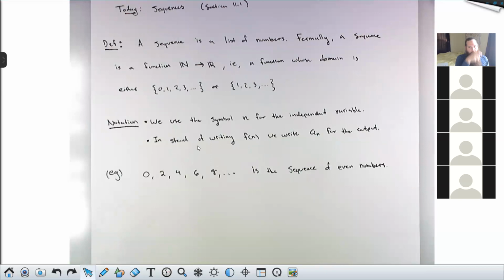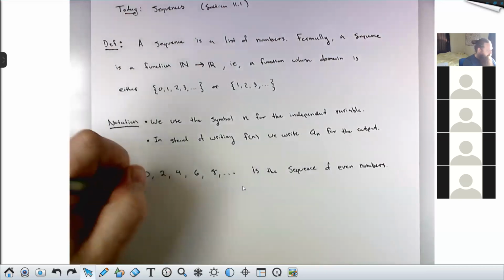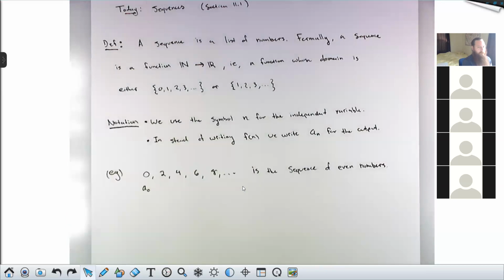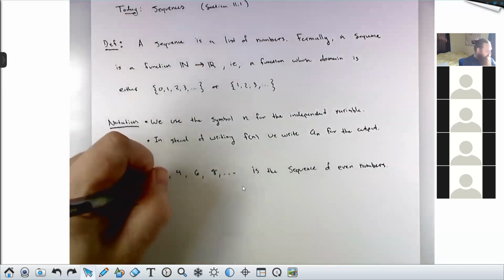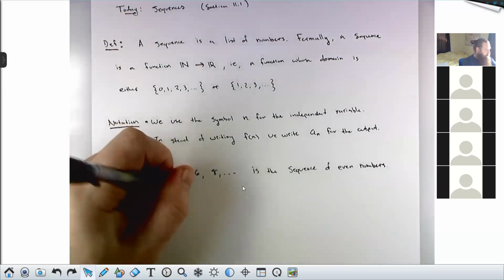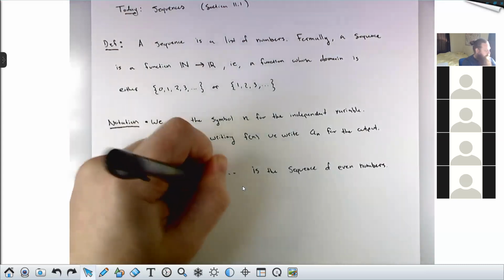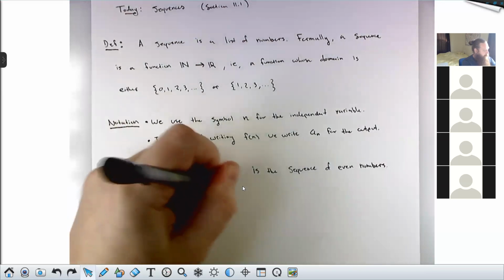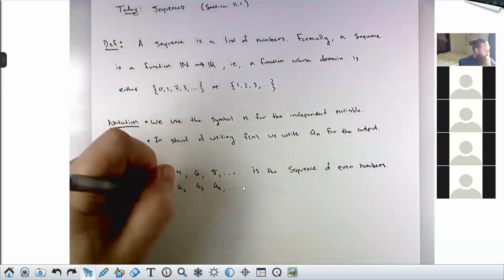And if I wanted to, I could try to find an algebraic representation of this sequence. I could call this guy A0 and call this guy A1, A2, A3, A4, and so on.